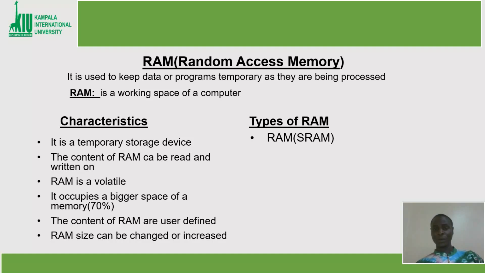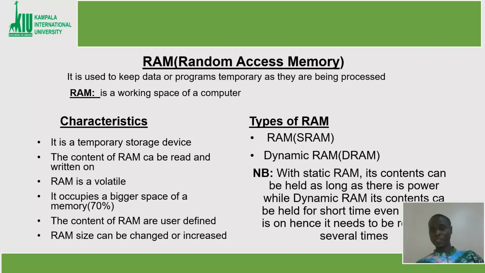Under the types of RAM, we have static RAM and dynamic RAM. With static RAM, its content can be held as long as there is power, while with dynamic RAM, its content can be held for a short time even if power is on.